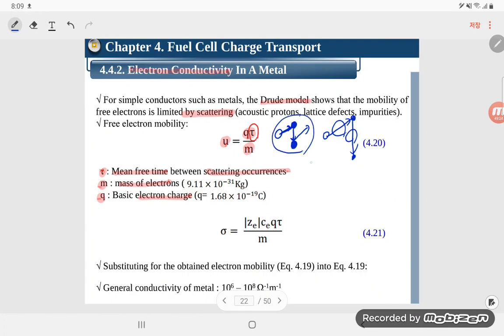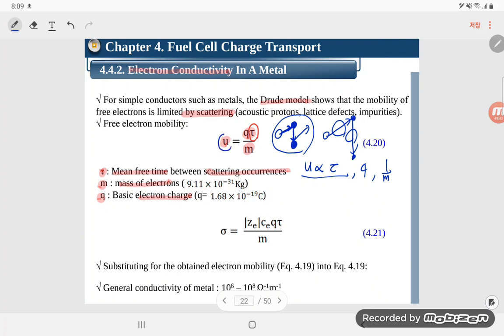So mobility is proportional to the mean free time and q, and inversely proportional to the mass. So this equation is made.